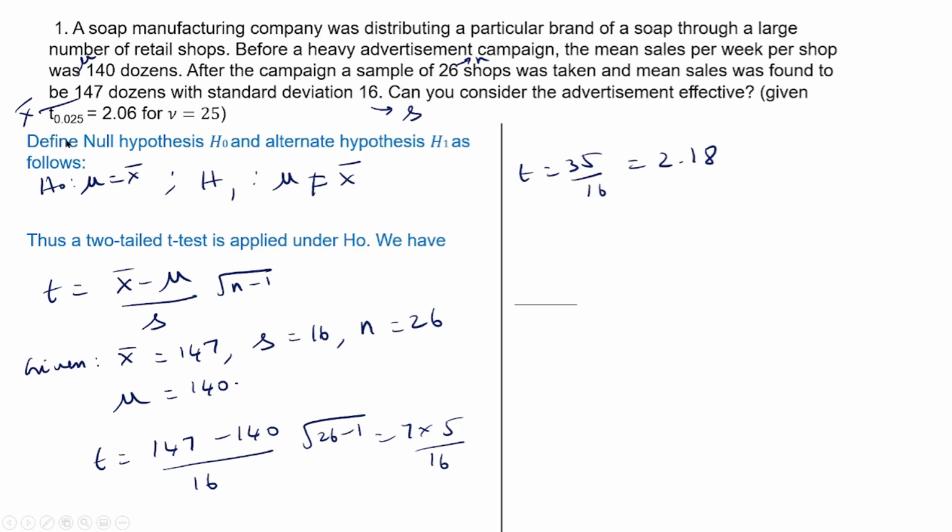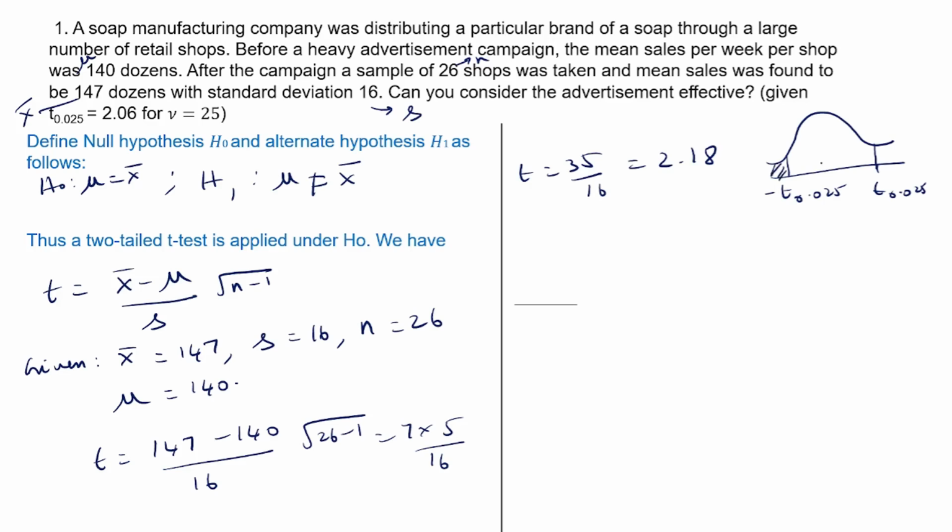Here it is given t 0.05 equal to 2.06 for 25 degrees of freedom. So if we have the graph of the t distribution, here we have negative t 0.025 and this is positive t 0.025.